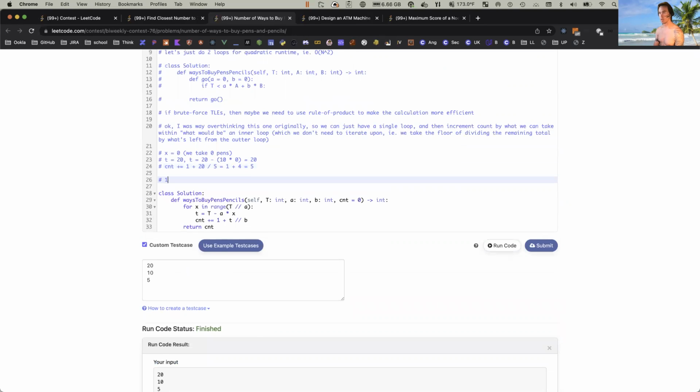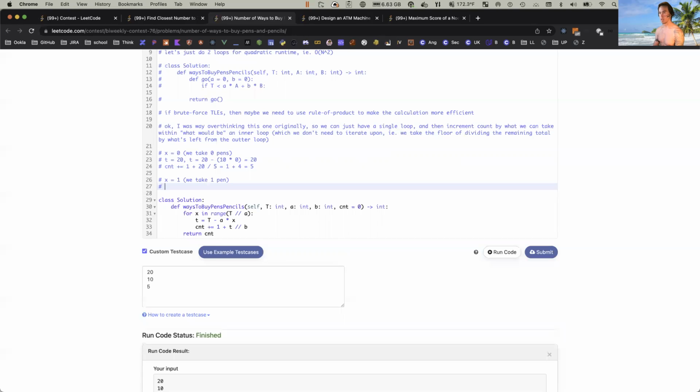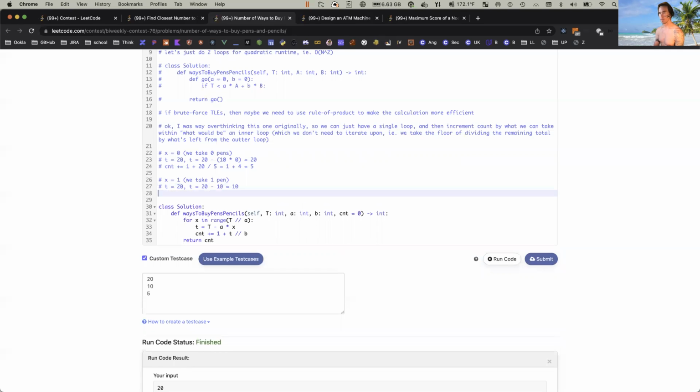Otherwise, we take x equals 1 pen, right? T equals 20 minus 10 equals 10. Count plus equals 1 plus 10 divided by 5 equals 1 plus 2 equals 3.